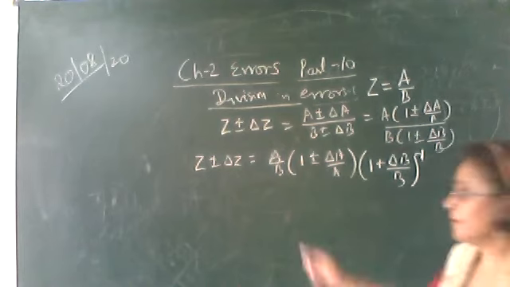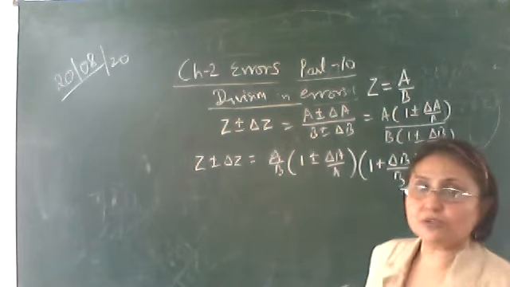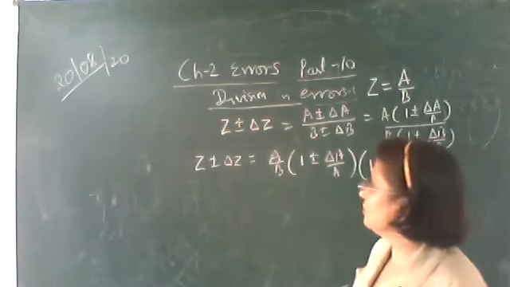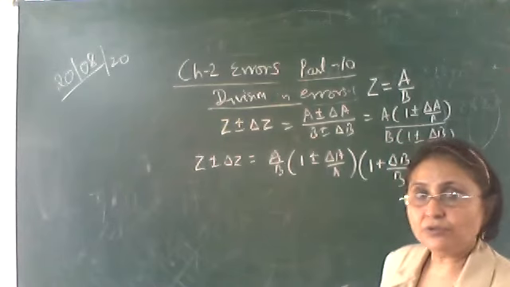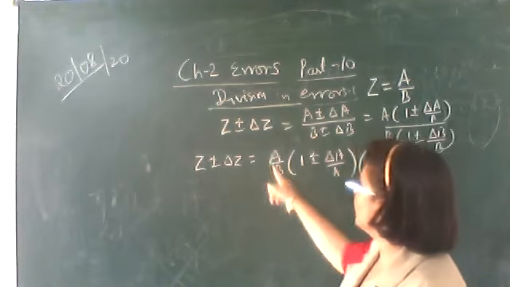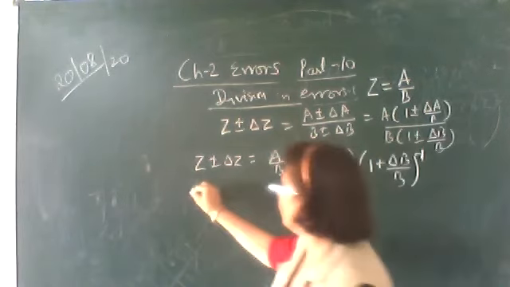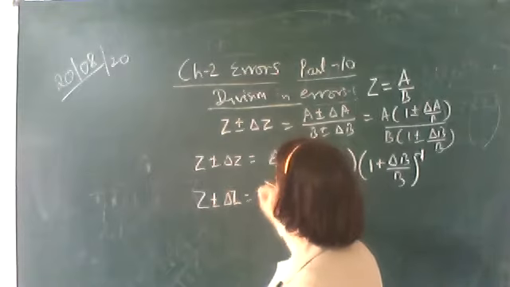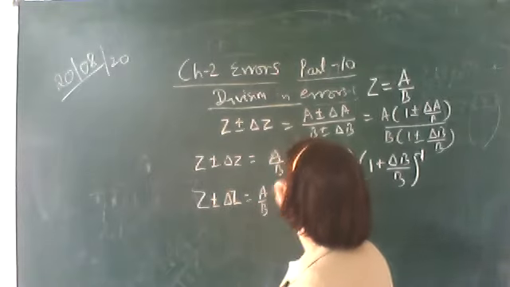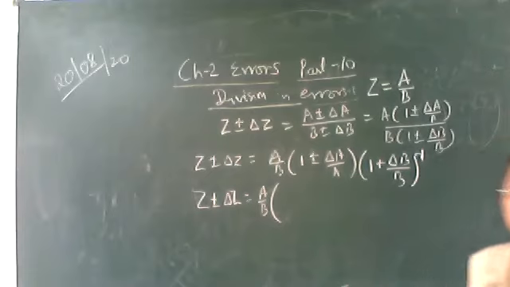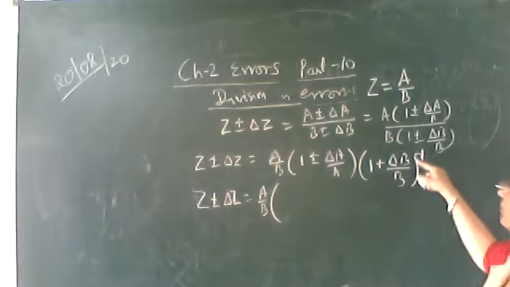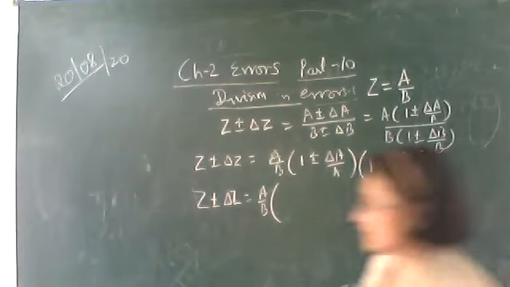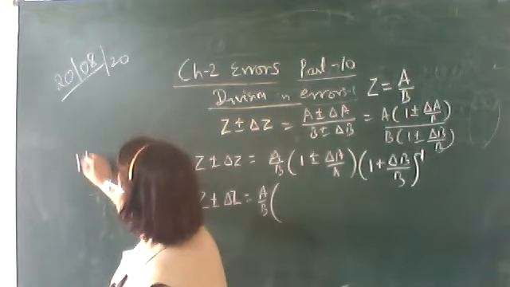Now here z is equal to a upon b. Either you can divide, or first let's multiply the bracket terms with a upon b. Here one more thing, 1 plus minus delta b upon b raised to the power minus 1.